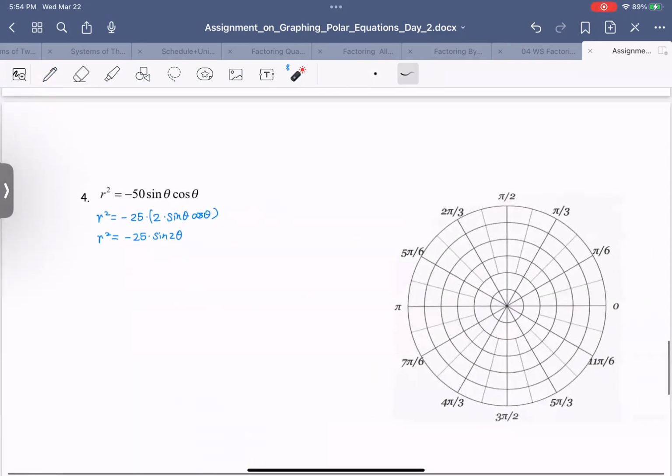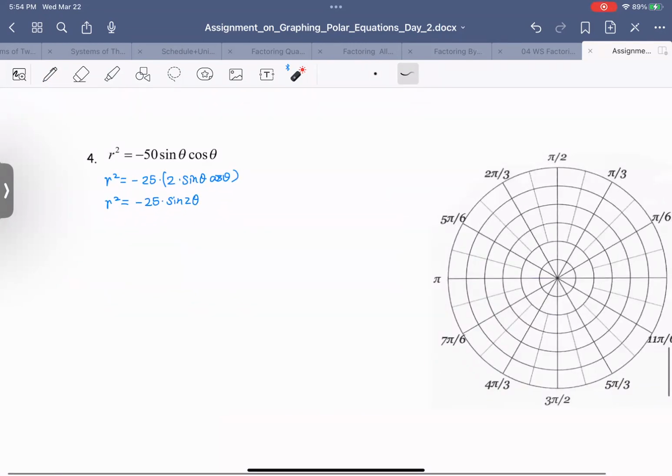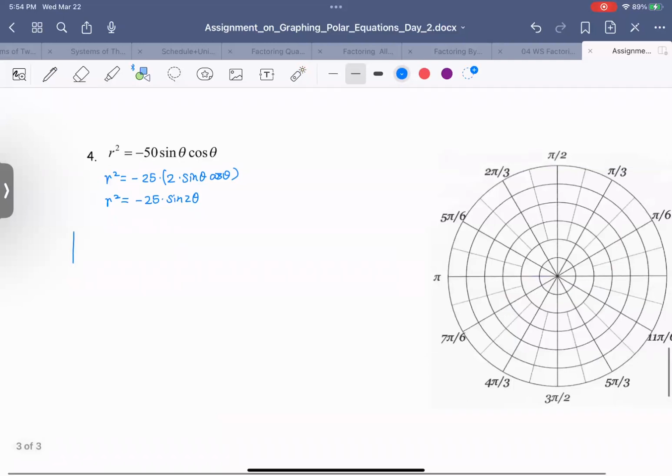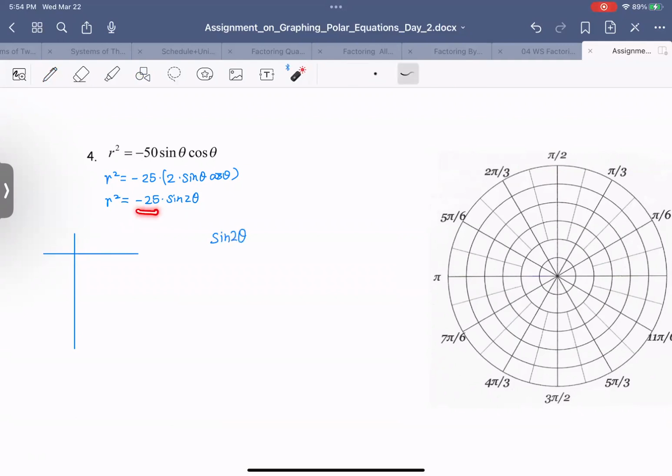When we do this, we always want to look for the greatest length first. So we first try to figure out sine 2 theta. Here this is negative, so I want sine 2 theta to be negative 1. Make sense?